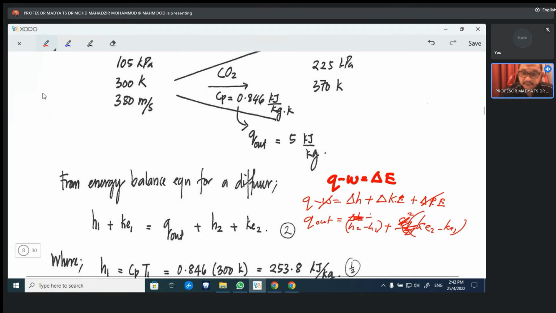Okay, so we rearrange these equations, then we get this equation.